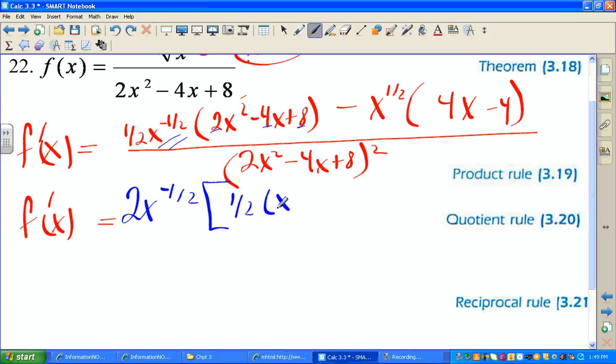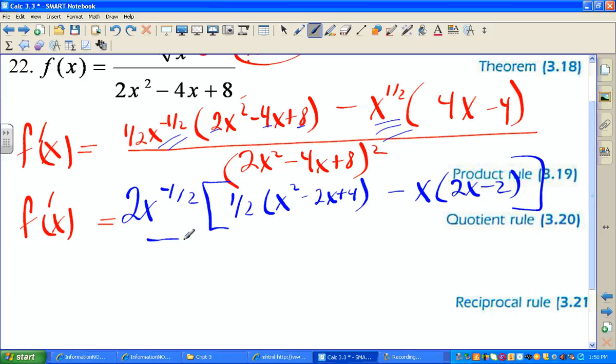I still have the x squared minus 2x plus 4 minus, what does this become? Do you remember? Yeah, it becomes x. You have 2x minus 2. Nicely done.